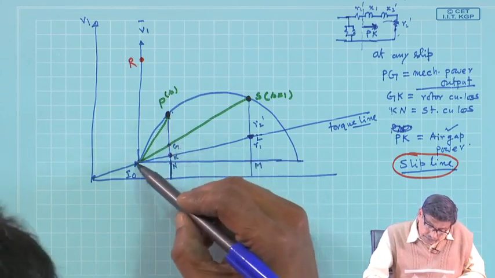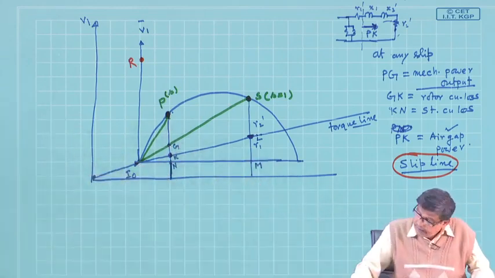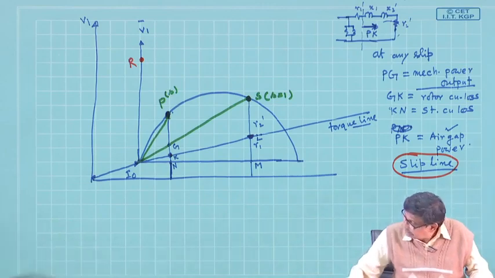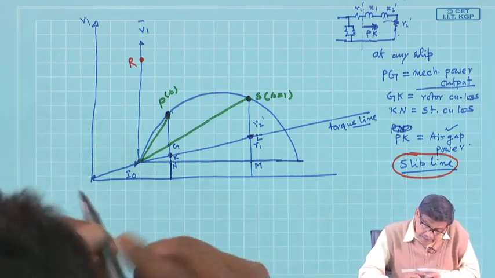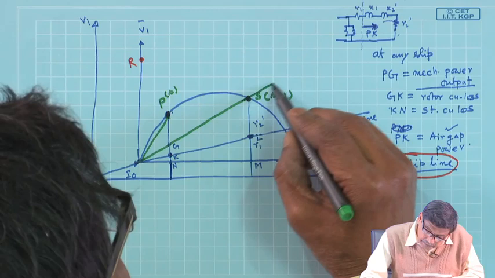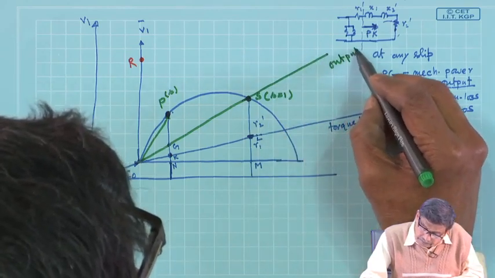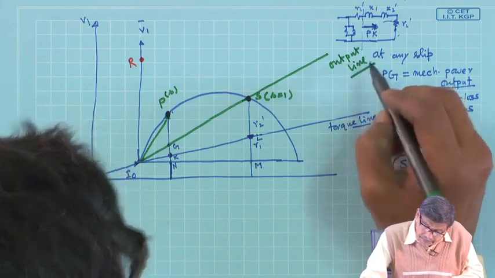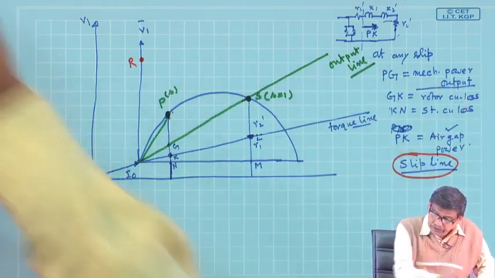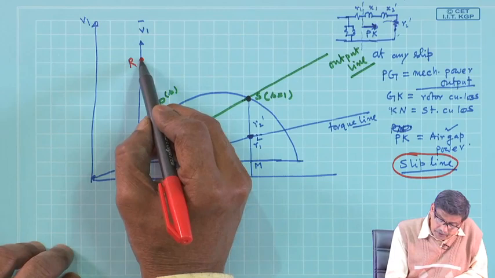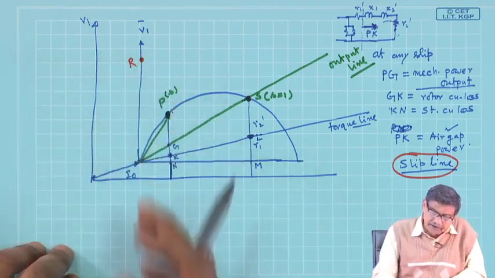Therefore, the intercept between this and this is called the output line. Is that clear? Now, what you do, you take any point R on this V1 axis.